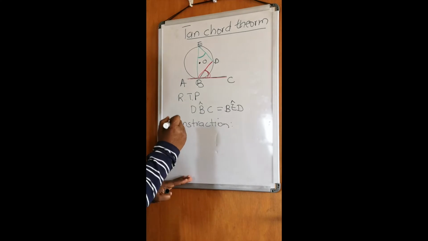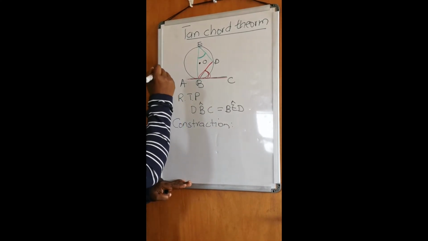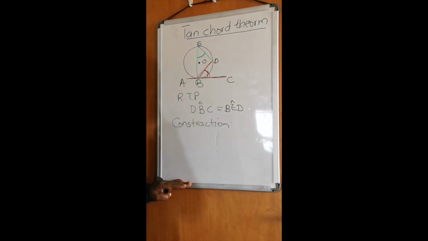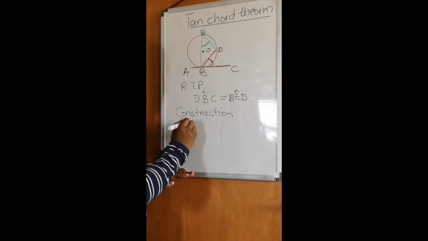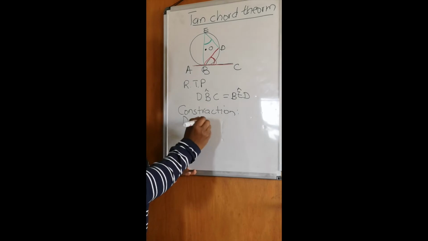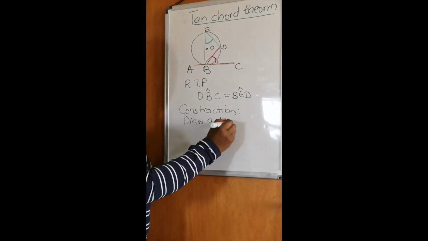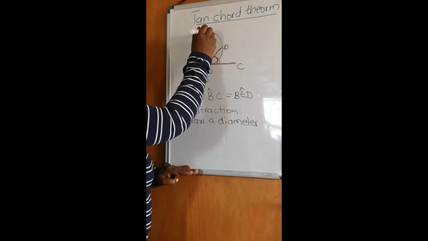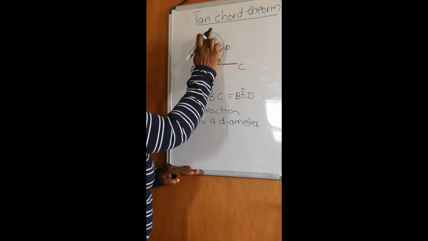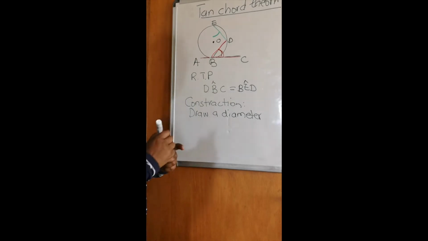So according to the Tan Chord Theorem, you're going to draw a diameter. Then with the diameter, you must name your drawing.